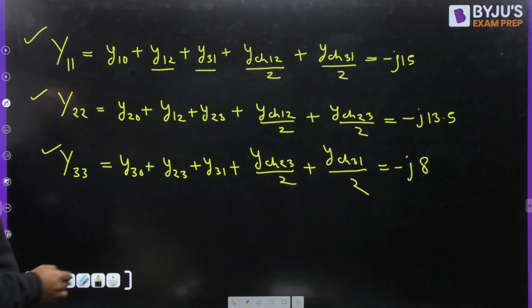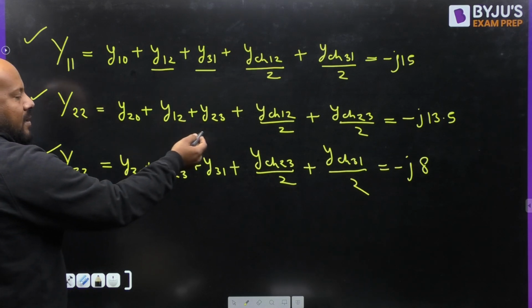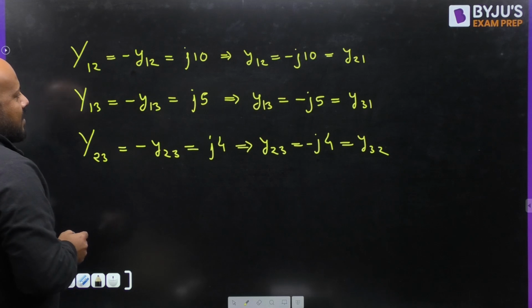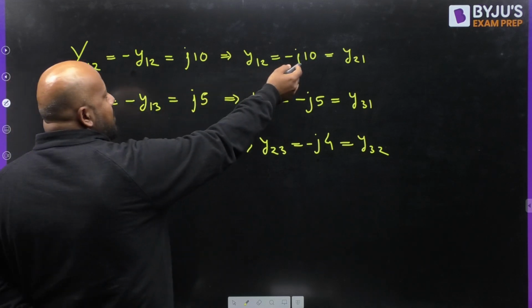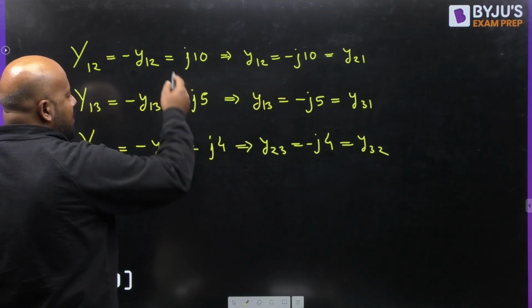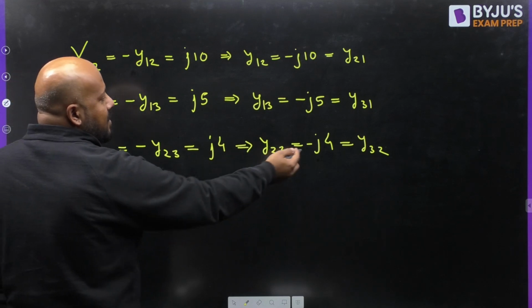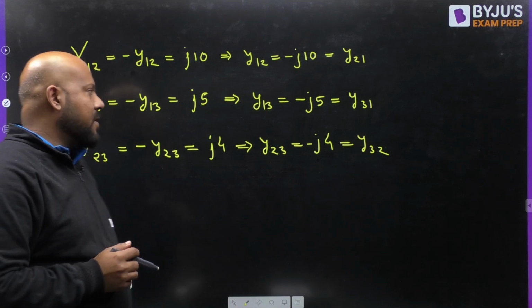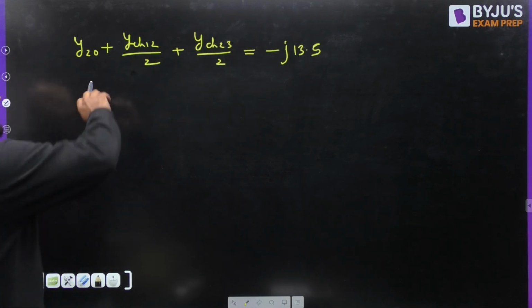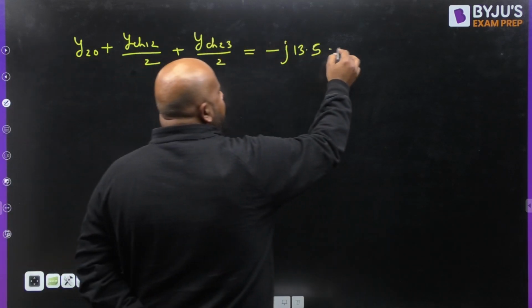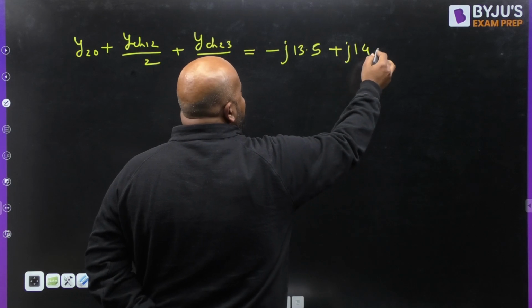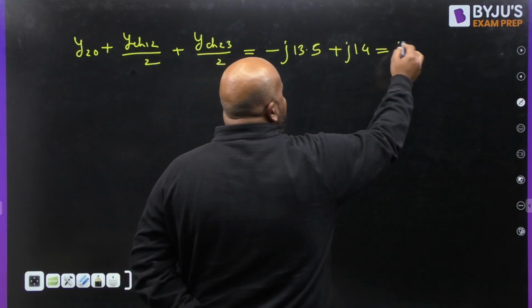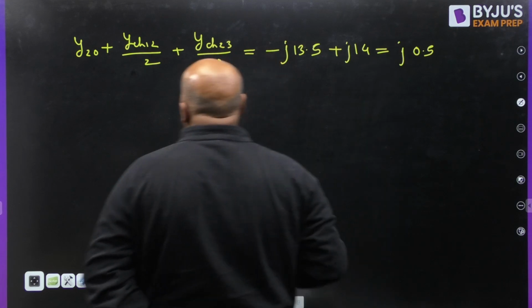Now what is going to be y12 and y23 together? y12 is minus j10, and what is y23? It is minus j4. So minus j10 minus j4 becomes minus j14, and this minus j14, when it goes to the right hand side, it becomes plus j14. So if you simplify, you will get j0.5.